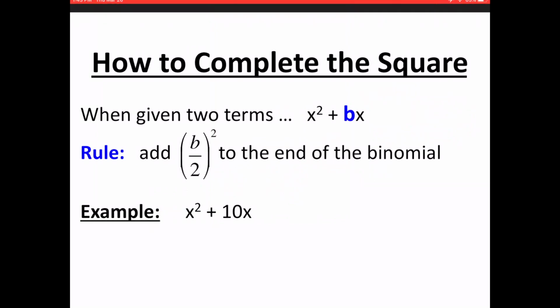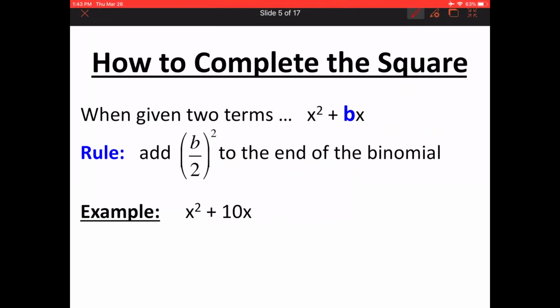So let's look at how to actually complete the square. When you're given these two terms, you're always going to start with x squared, and then you're going to have bx. Now b just represents a number, whatever number is there in front of x. But the rule for completing the square is to take that number that's in front of x, so take that b, divide it by 2, and then square it.